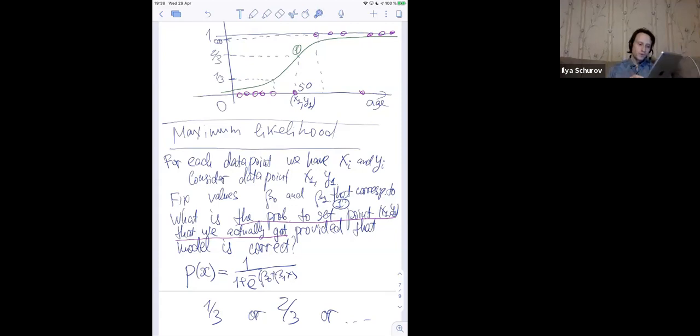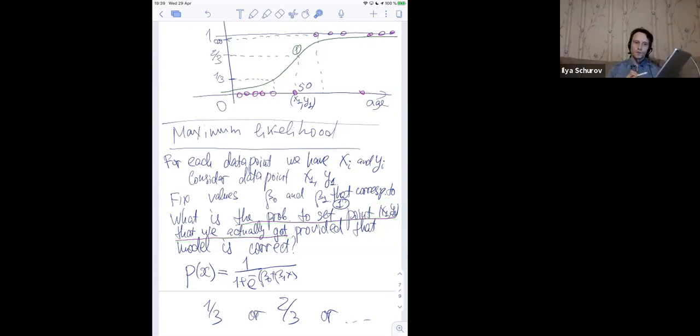Now the question is, what is the probability to get the points that I actually get? The points that I actually get are drawn here in this graph. So I pick a particular point and I ask, what is the probability to get this point?